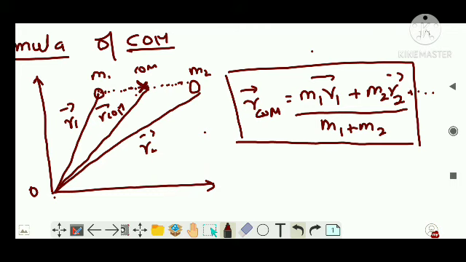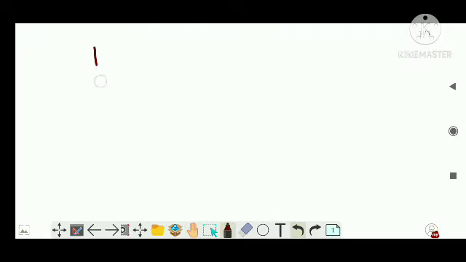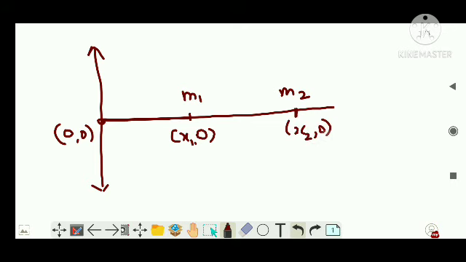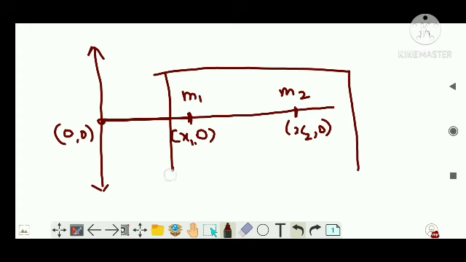Easy, right? In your textbook, the derivation or the equation is written in a slightly different way. If this is the origin, and for a two particle system, this is m1, this is m2, let's say its distance here is x1, and this position will be x2. There is no y coordinate here. This object has only two particles, m1 and m2.